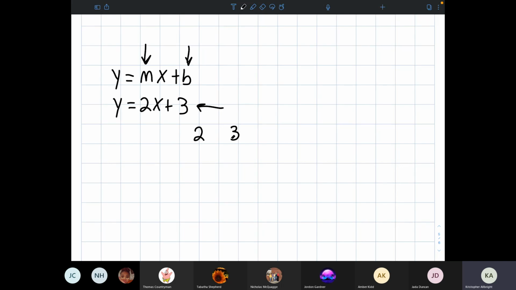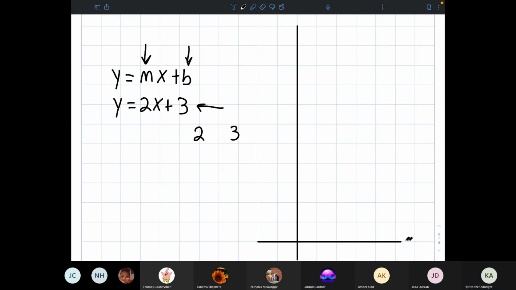And what this means is when you're graphing the function, it will do something like this. You will find 3 because it is your y-intercept. You'll go up 3, 1, 2, 3, and you'll put a dot. And then you will do rise over run for your slope.